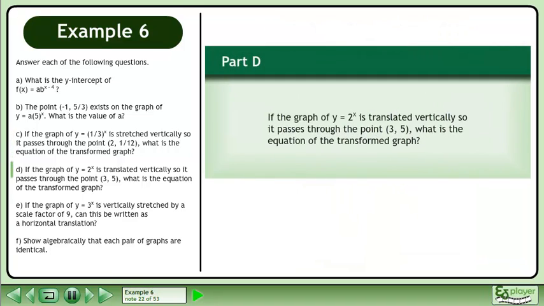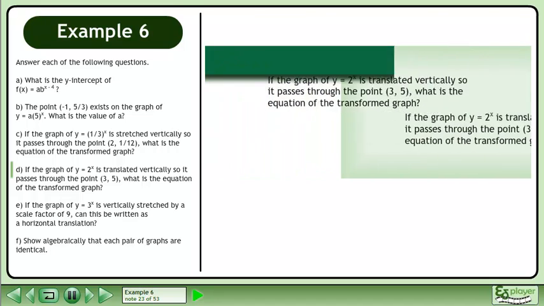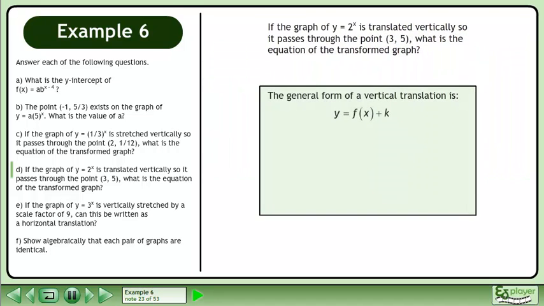Now we'll move on to part D. If the graph of y equals 2 to the power of x is translated vertically so it passes through the point 3, 5, what is the equation of the transformed graph? The general form of a vertical translation is y equals f of x plus k. Replace f of x with 2 to the x.